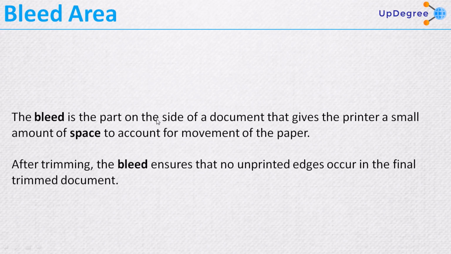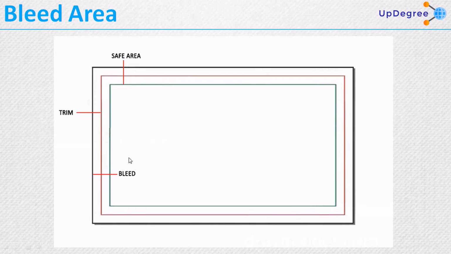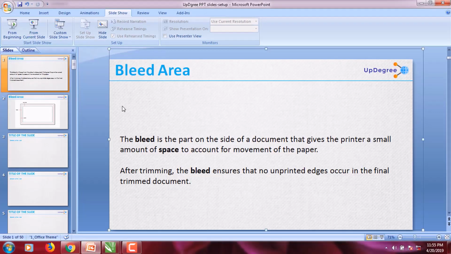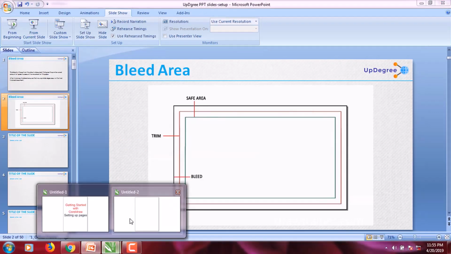The bleed is the part on the side of a document that gives the printer a small amount of space to account for movement of the paper. If I go to this screenshot, you can see the bleed area is an extra area which we add to our document. So let me go back and start with the bleed area in this document.